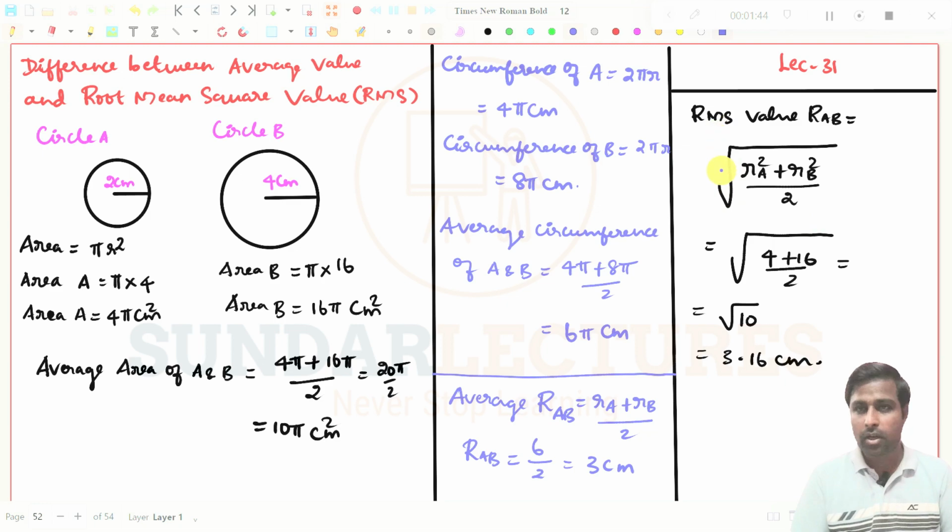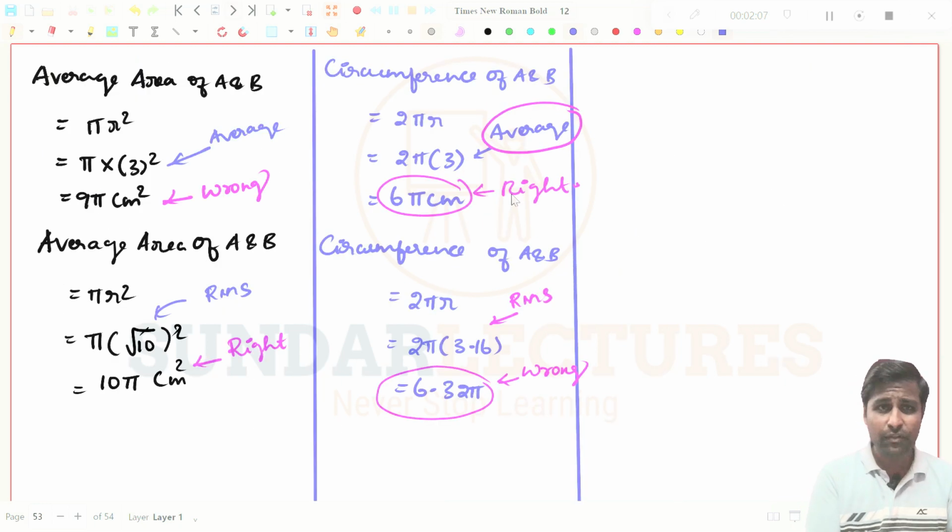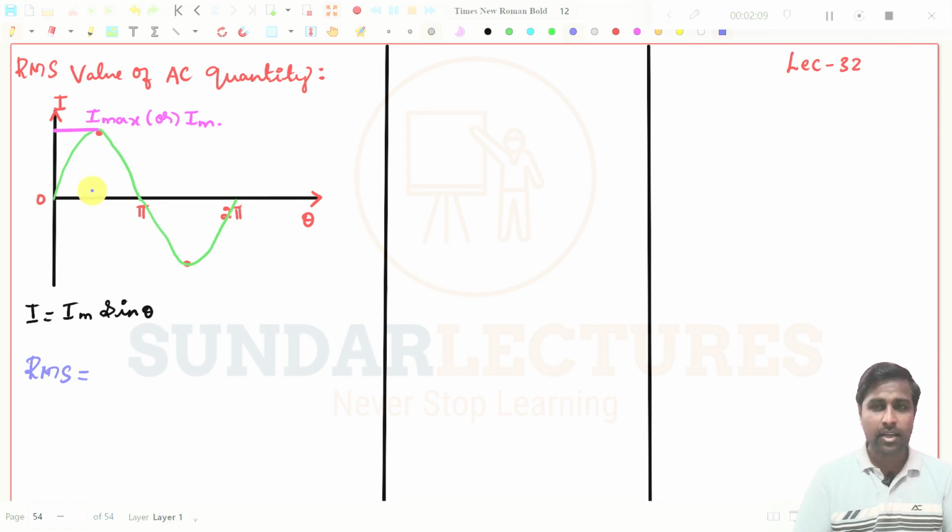So for RMS value, you put it in the square root, and all the values have to be squared, and this term is divided by the whole length, or the number of things we are taking. If you are going for a curve or a waveform, then we need to put a square root.